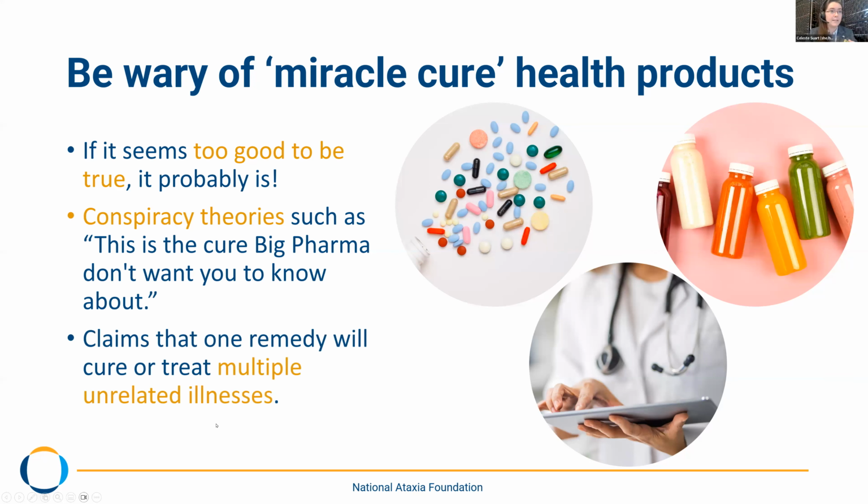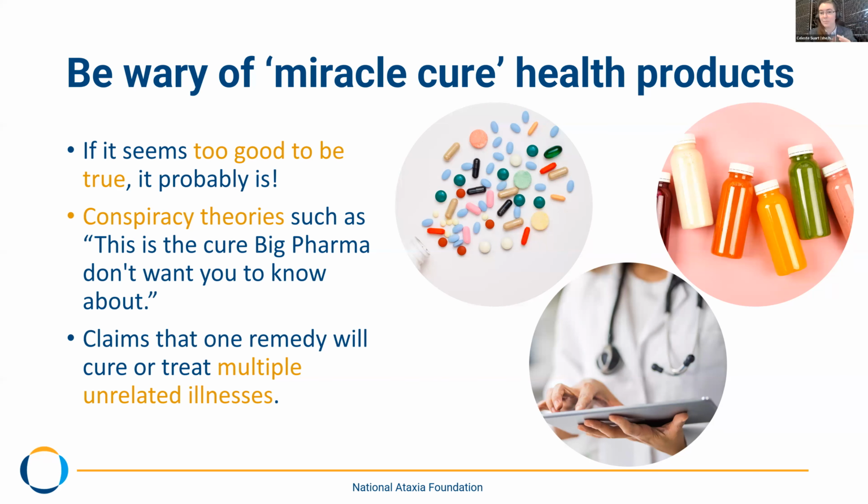Another thing to be a little bit more concerned about are claims that one remedy will cure or treat multiple unrelated illnesses. So we do know that for certain ataxia types that are closely related, there are different kinds of therapeutics that are being developed that might help multiple kinds of ataxias. However, what you want to be concerned about is when there is a supplement or a treatment that is being marketed as being helpful for multiple unrelated conditions.